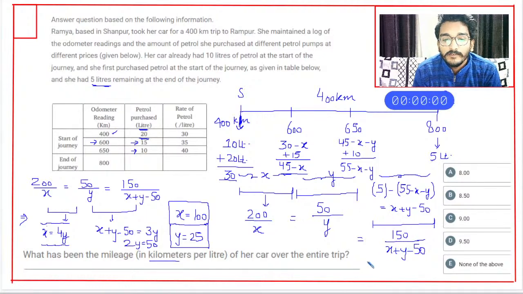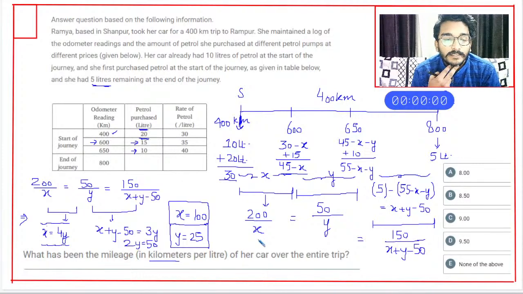So how much is the mileage? So 150 divided by, did I do something wrong? 150, 100. Is there any calculation mistake? Because I'm getting the answer here right now. Let me see.